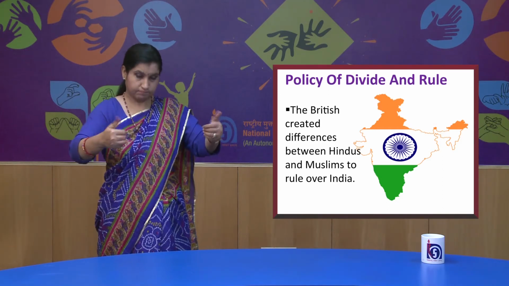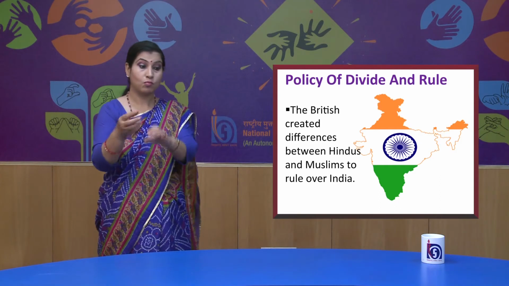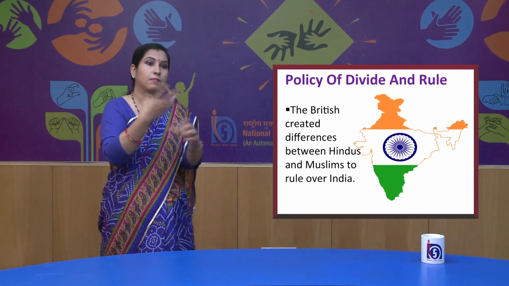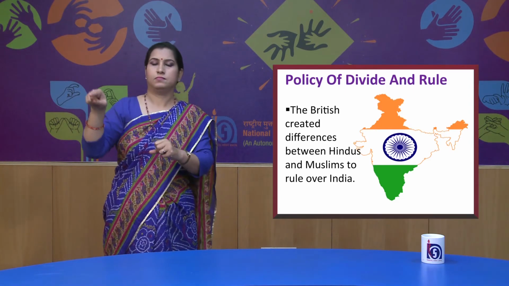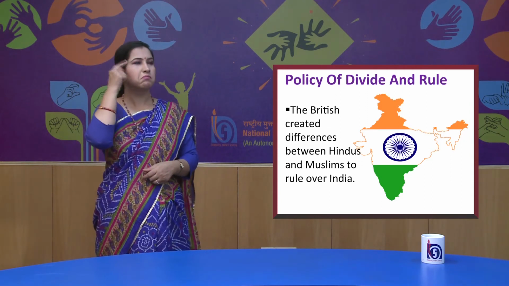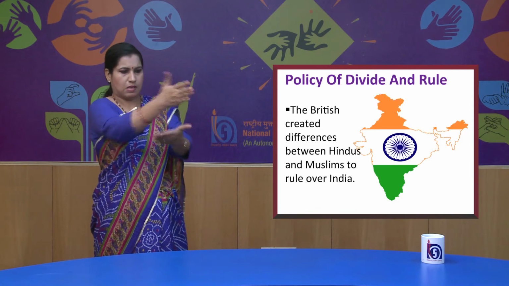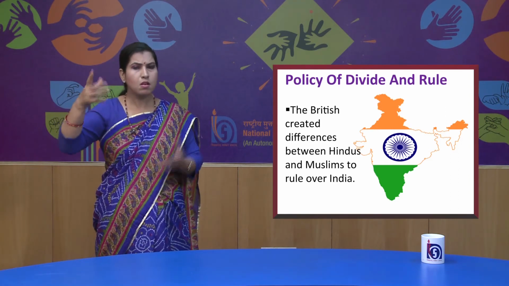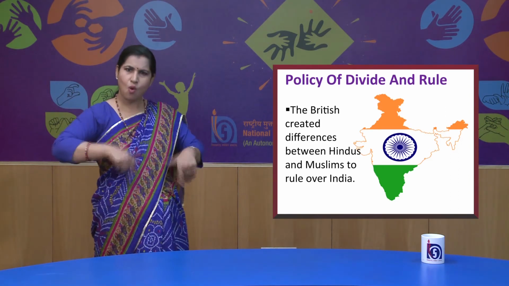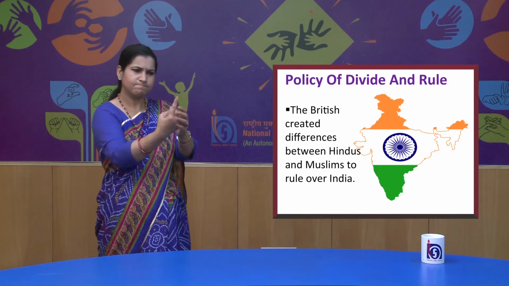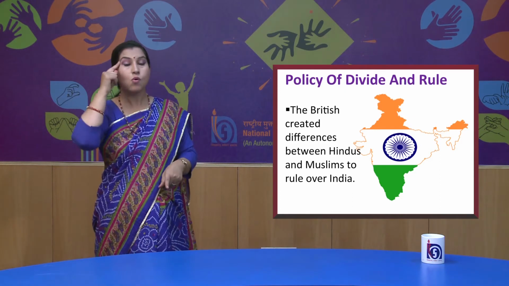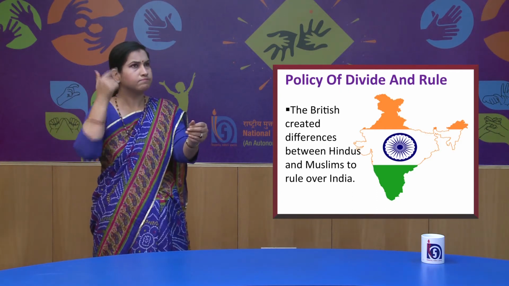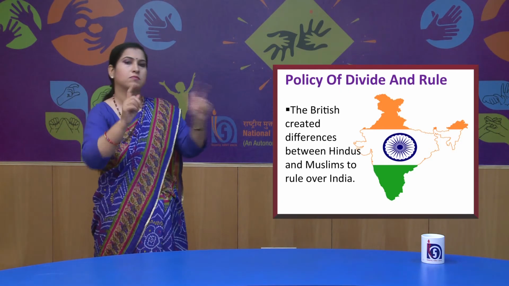As both the Hindus and Muslims had taken part in the 1857 revolt against the British, the foreigners wanted to end their unity, as they had come to know that if these two communities remained united, it would not be possible for them to rule India.